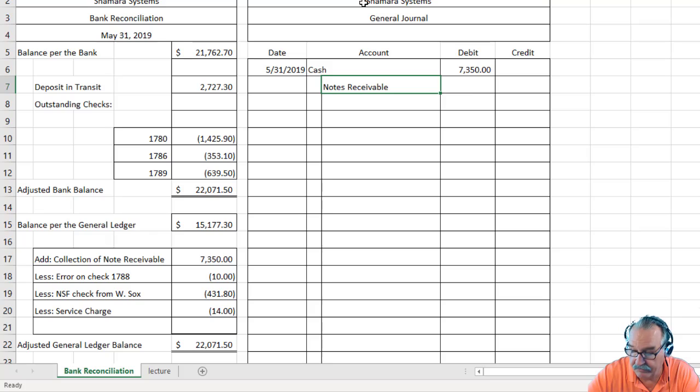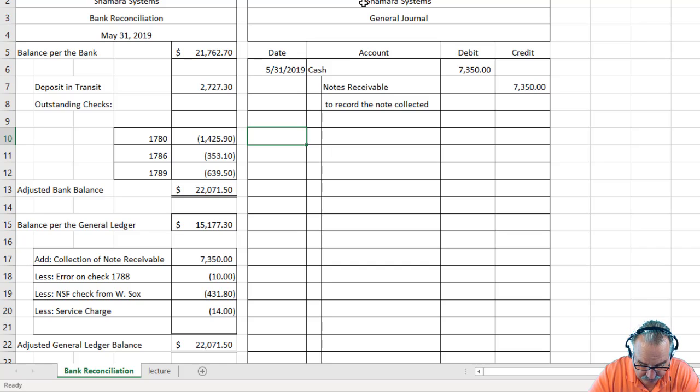Notes receivable is going down, cash is going up. Debit cash, and this is to record the note collected. If we had who the person was that owed us the money, we could have put that in the journal, but we don't have that, so we'll just be generic about it.